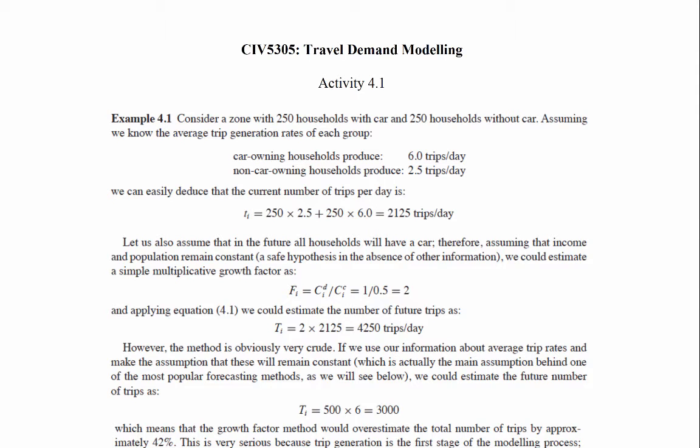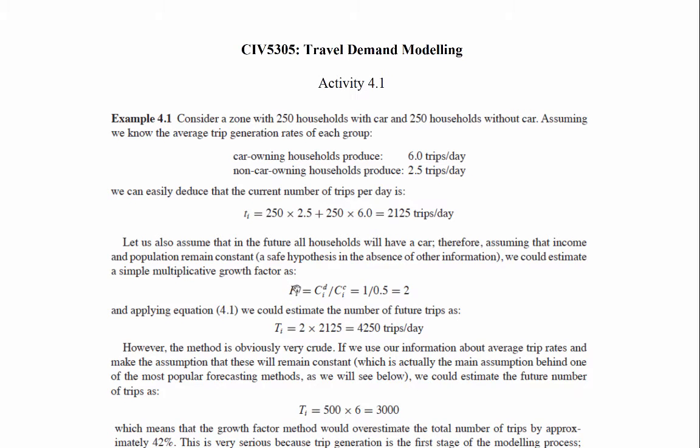Let us also assume that in future, all households will have a car. Therefore, assuming that income and population remain constant, we could estimate a simple growth factor as below, a growth factor that only depends on the car ownership rate.